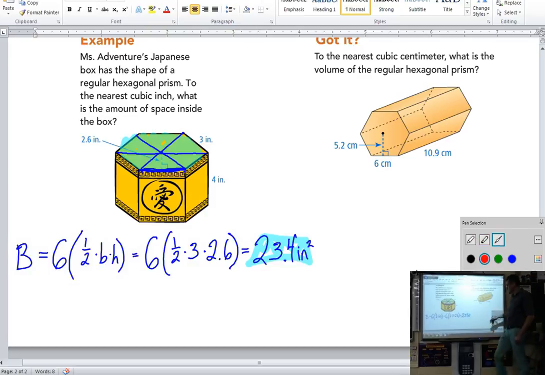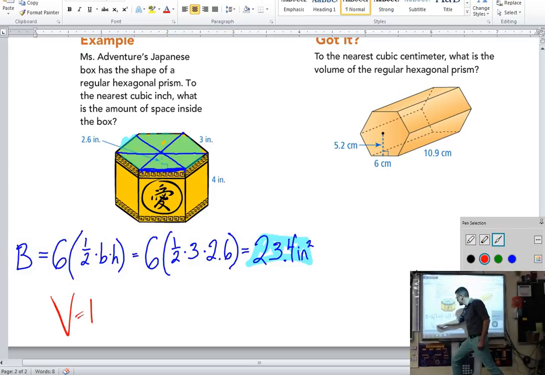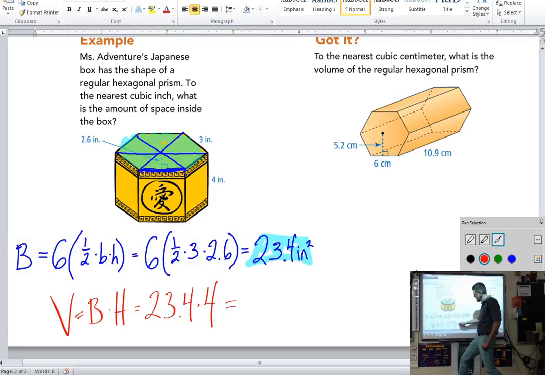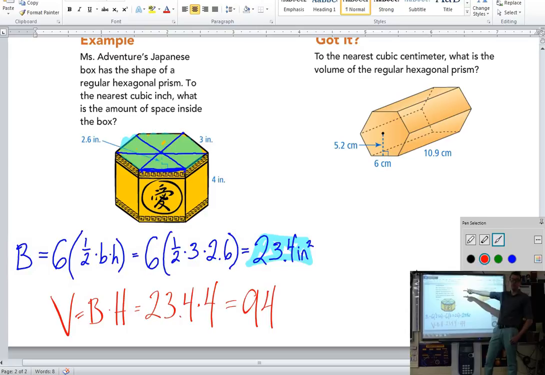So that comes out to be a little under 100. 93.4. To the nearest cubic inch.